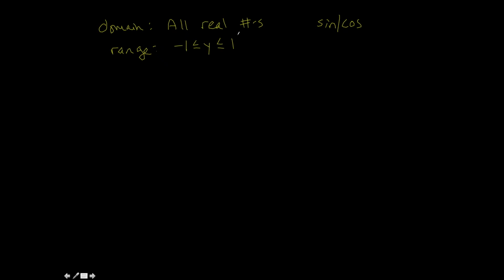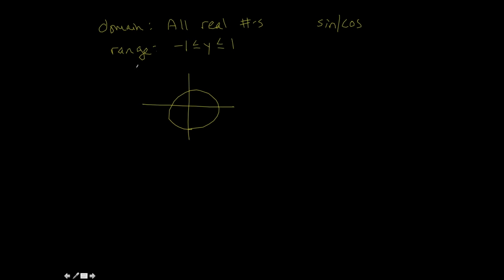Now, how can we say that? Well, think of what we have here. We have a circle, so we can infinitely go around this circle with x values. We can get an infinite number of answers like that.